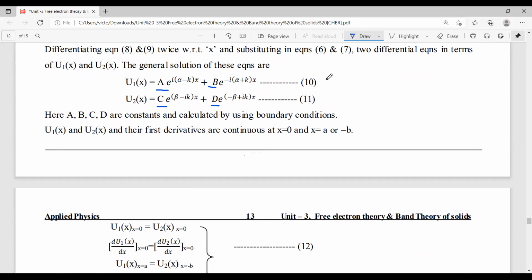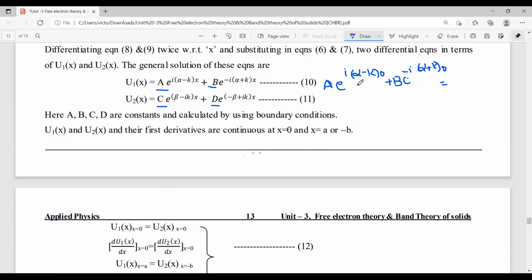Let us observe u1 of x: a e power i alpha minus k into 0, plus b e to the power of minus i alpha plus k into 0.